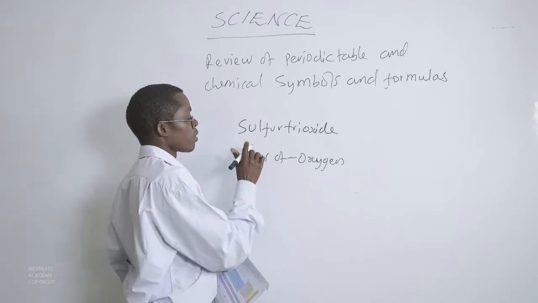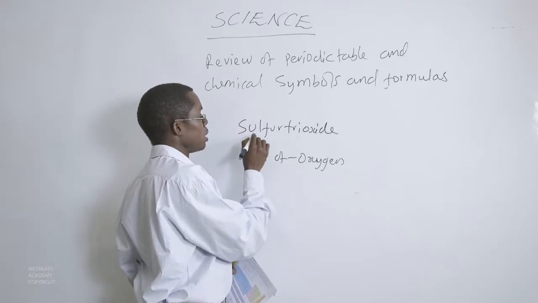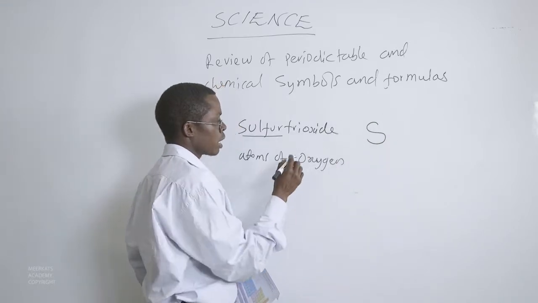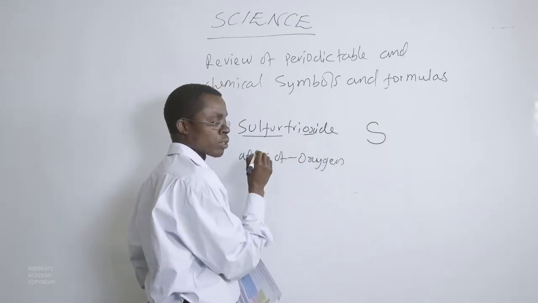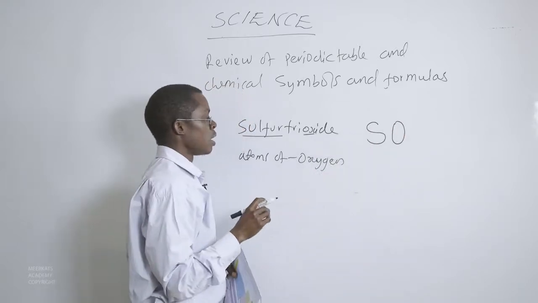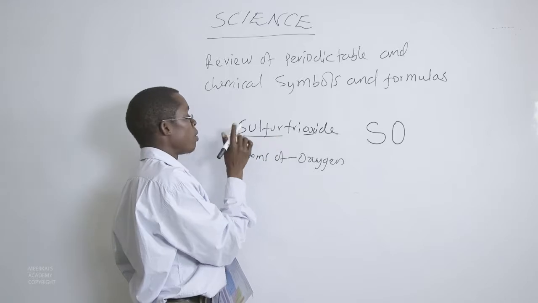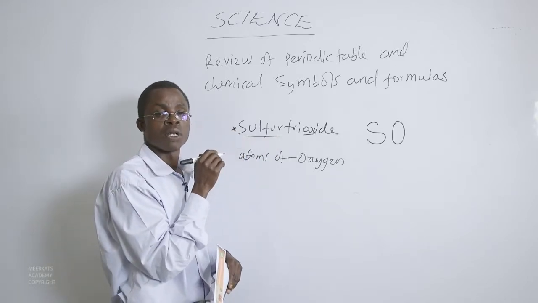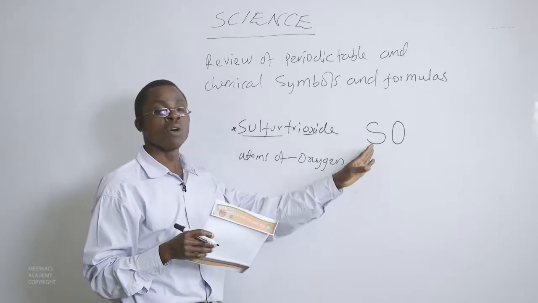The first element is sulfur. The second element is oxygen. How many sulfur are we having? We don't have anything here. Once we don't have anything there, then it means we only have 1 sulfur.